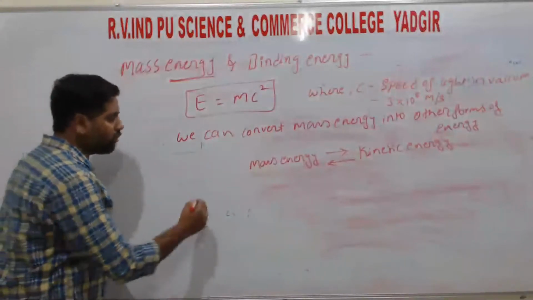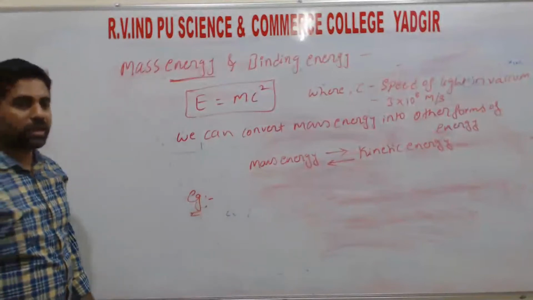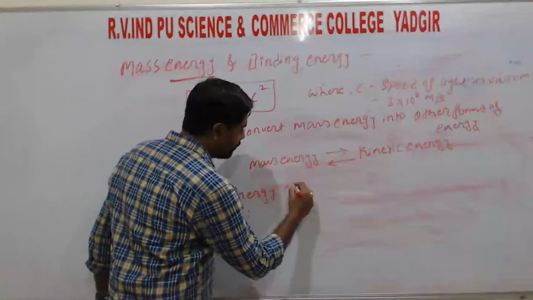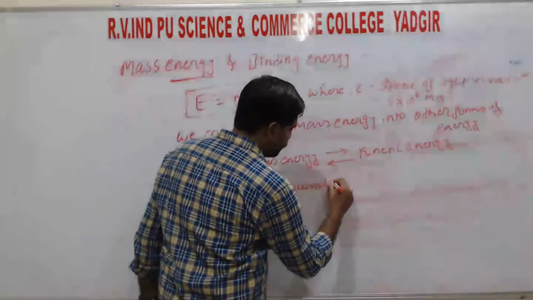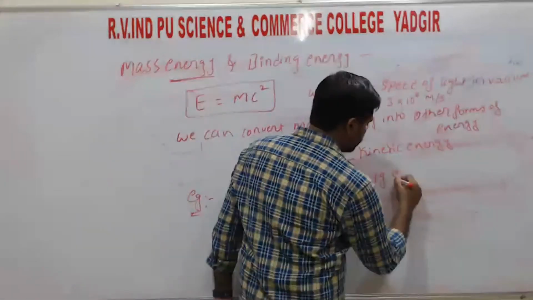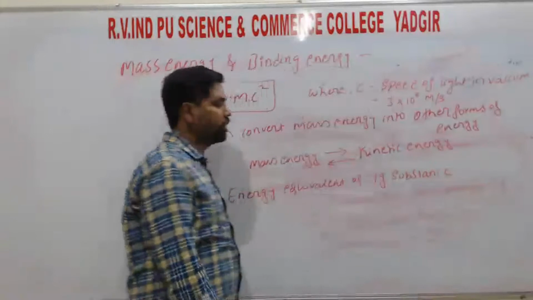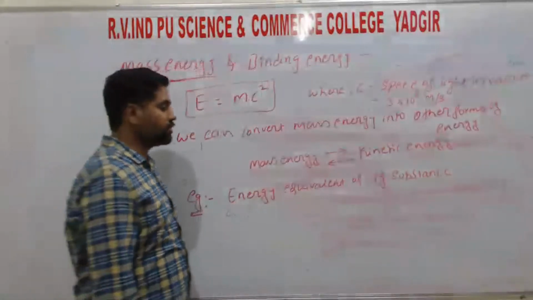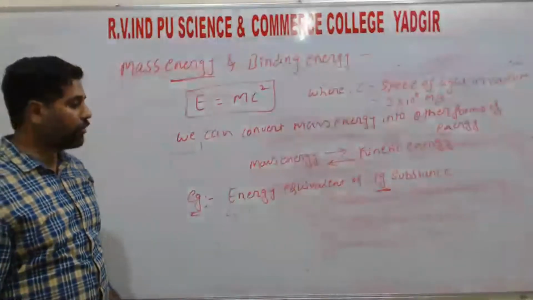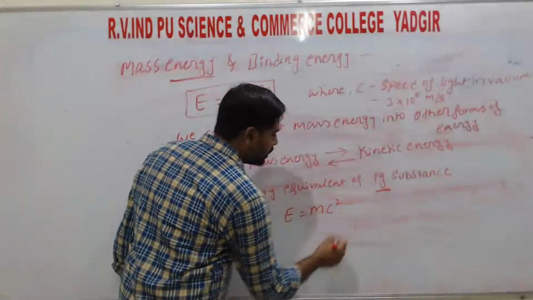If we consider one example, the energy equivalent of 1 gram of substance, right? Here the mass of the substance given is 1 gram. If we find the energy, then we know E is equal to mc square.